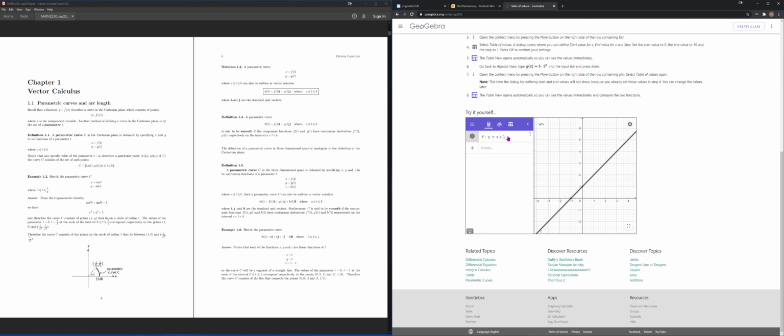Similarly with y is equal to x squared, you recognize the form of this.